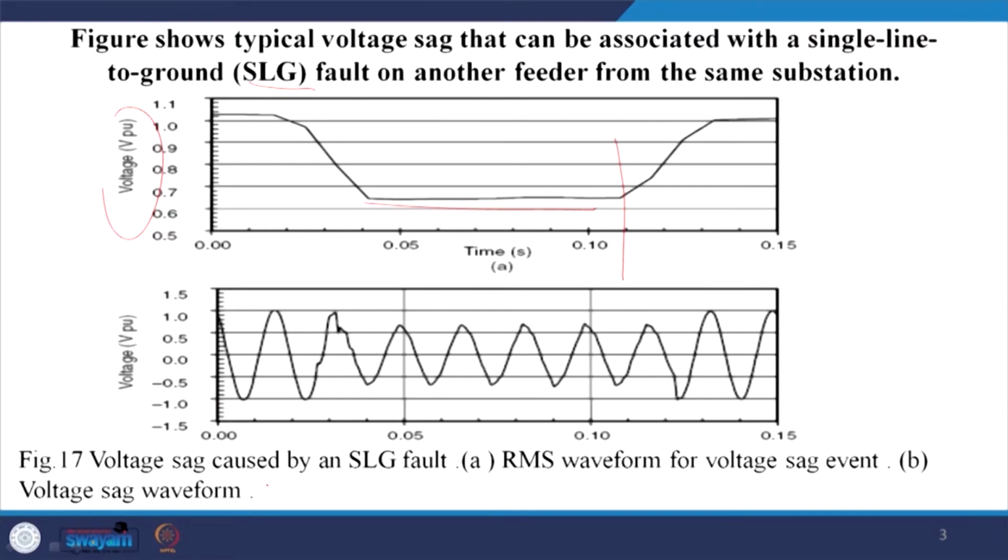This is the RMS value and this is the waveform during the sag; till that point it was healthy. Thereafter the sag is initiated, and then from this point onward corrective action was taken. So, you can see this picture, and this phenomenon is categorized as a sag.